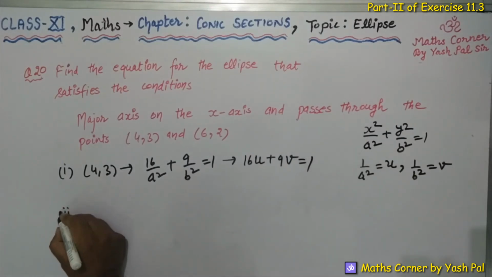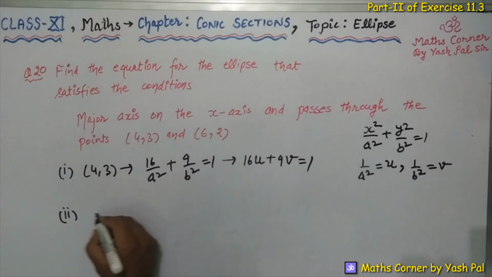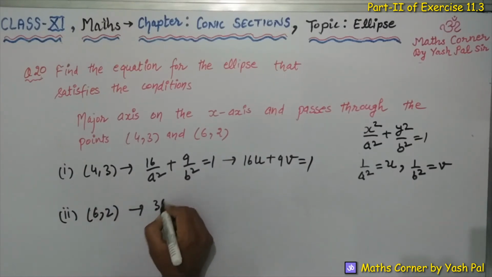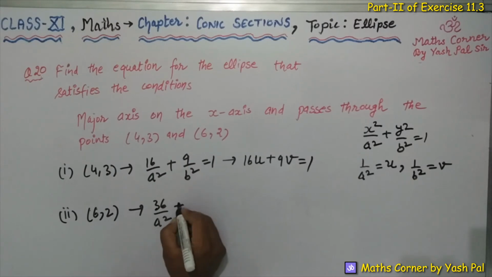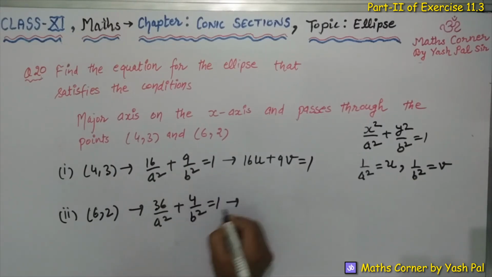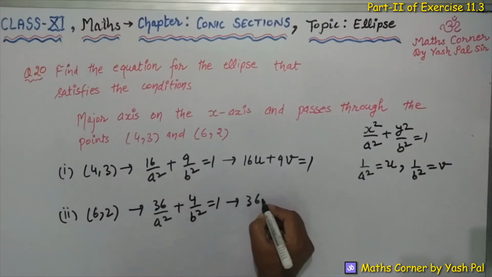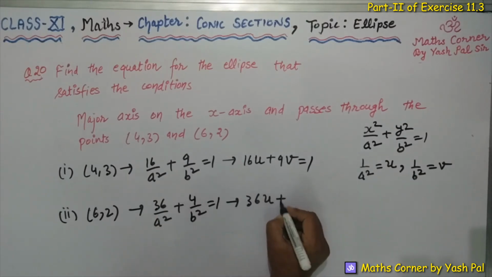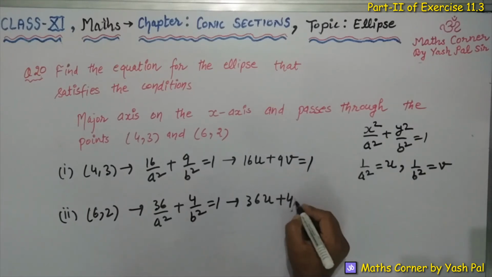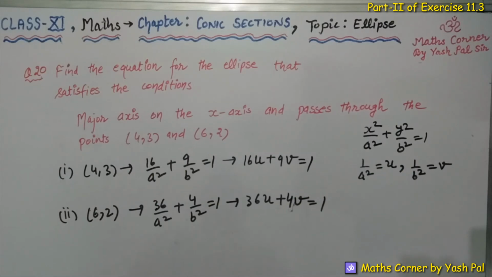Second, we have this passes through (6, 2). So this becomes 36 upon a square plus 4 upon b square is equal to 1. So this gives us 36u plus 4v is equal to 1. Okay.